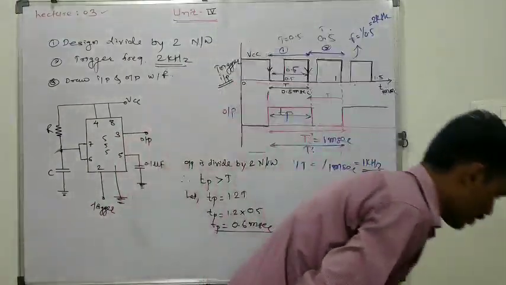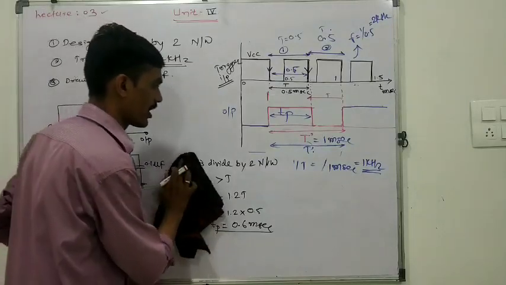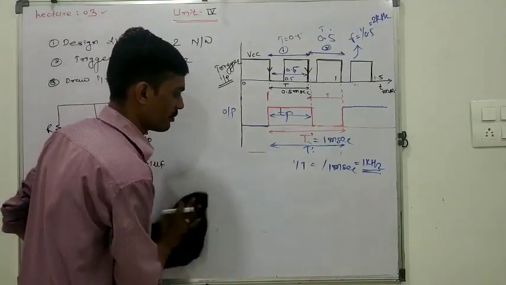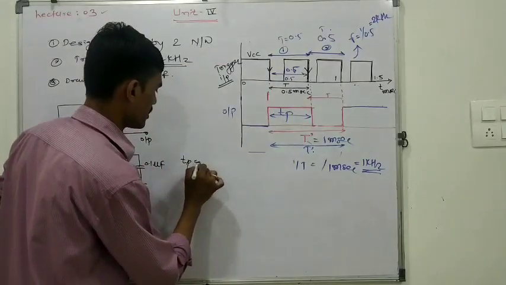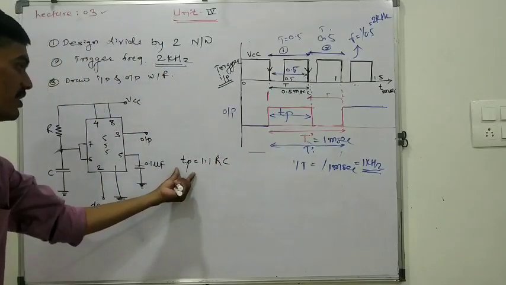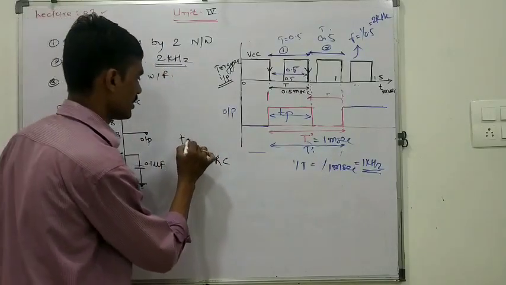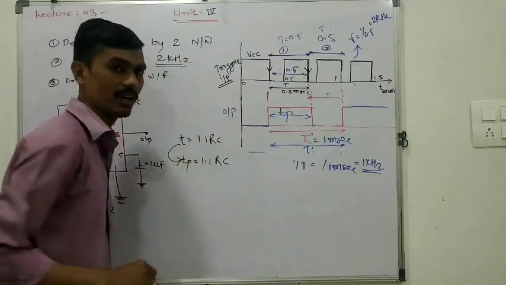Now we know the formula we already learned for the pulse width of the monostable multivibrator: Tp equals 1.1 RC.